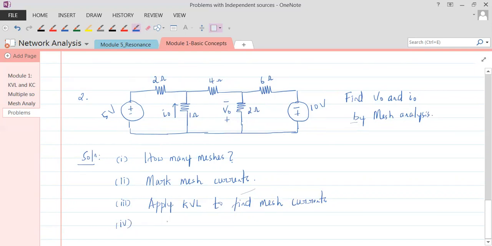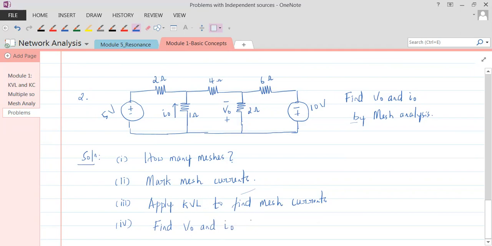Everybody understand that? Now what do we need to do? We need to find V0 and I0, they have told. Then find V0 and I0.